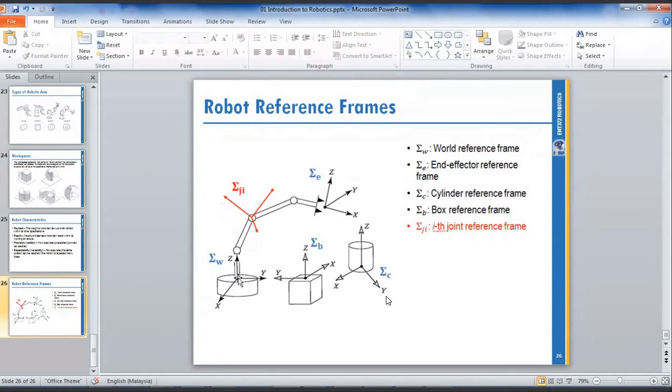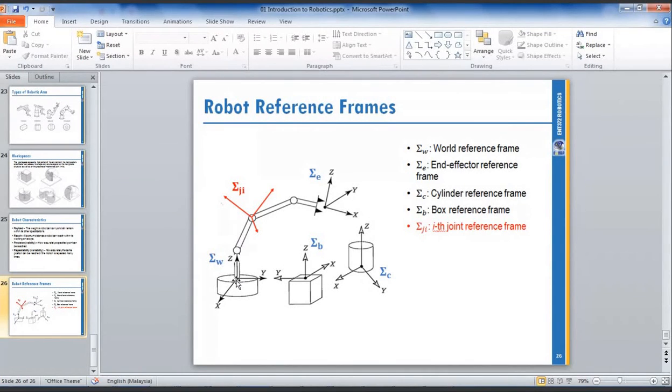The first joint we call the world reference frame. So W is the world reference frame. Why do we call it world? Because this is the world of our calculation for the robotic system, the robotic arm.